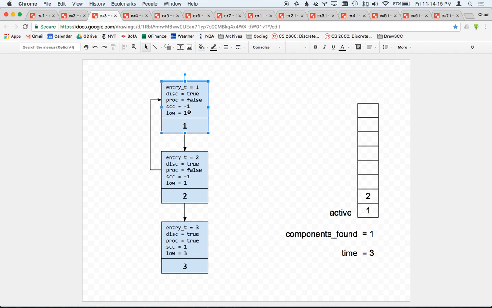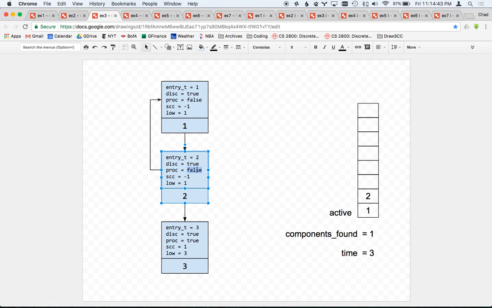So the low of vertex 1, if it happens to have a greater entry time, that is, if the low of vertex 1 happens to be a later vertex in the search than the low of vertex 2, we could replace vertex 1's low, but we don't have to because they are the same in this case.